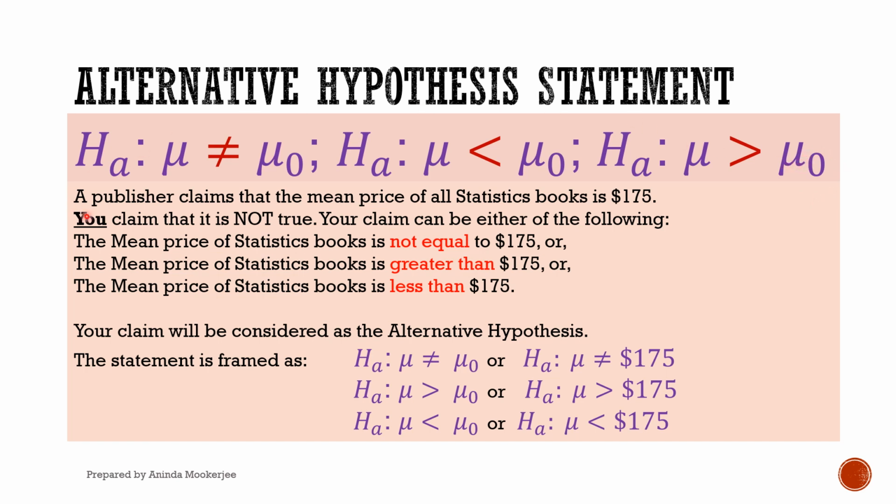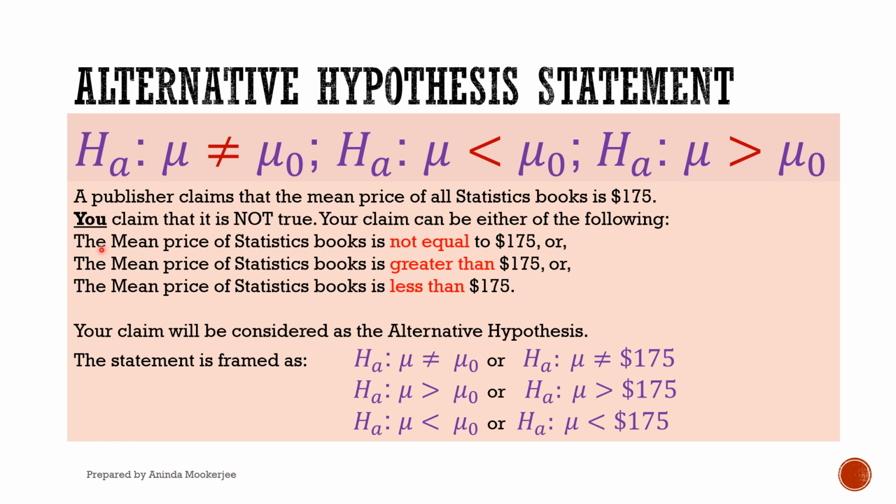All right. So for the same example where a publisher claims that the mean price of all statistics books is $175, you claim that it is not true, right? That's the role of the alternative hypothesis, which claims that the null hypothesis is incorrect, and you can make that claim in one of three different ways.